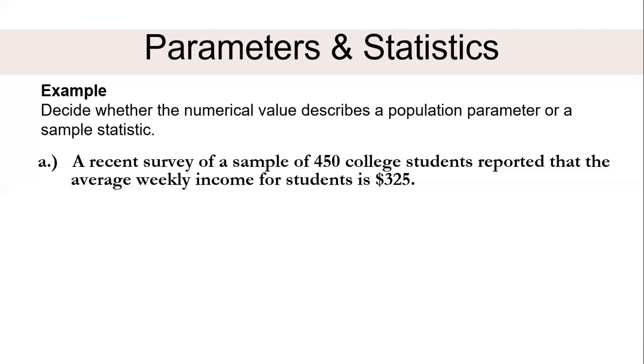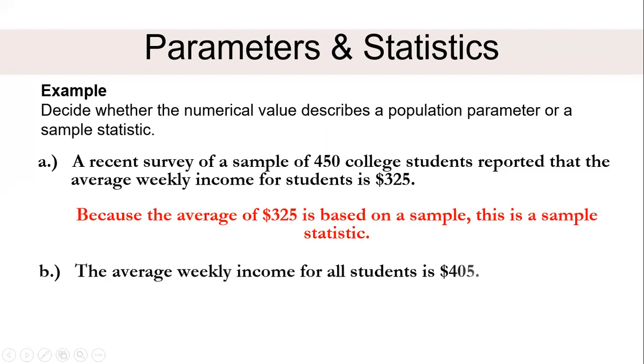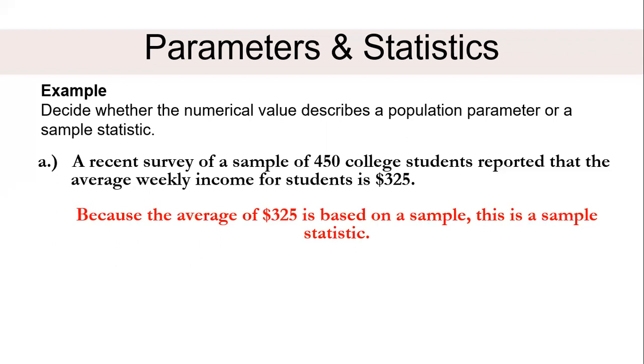Is this $325 parameter or statistic? And this is statistic. Why? Because the average of $325 is based on a sample. And since it is taken from a sample, then that value is an example of a sample statistic. All right?